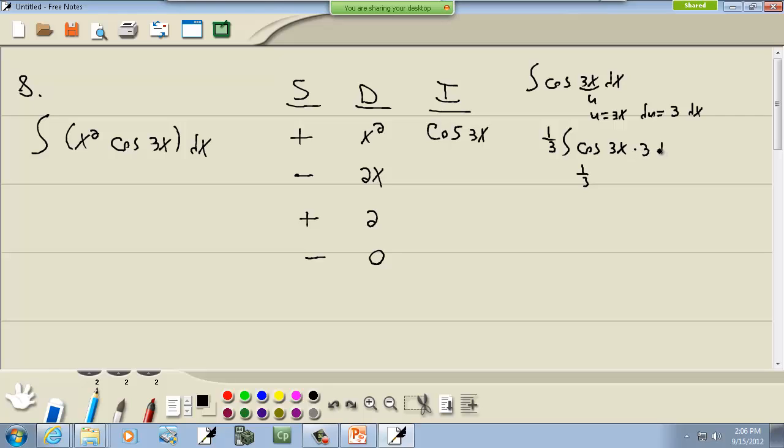So this would be 3 dx. Okay, so it would become 1/3 cosine u du. And the integral of cosine is sine u. And then we put the 3x back in there, and we get 1/3 sine 3x.